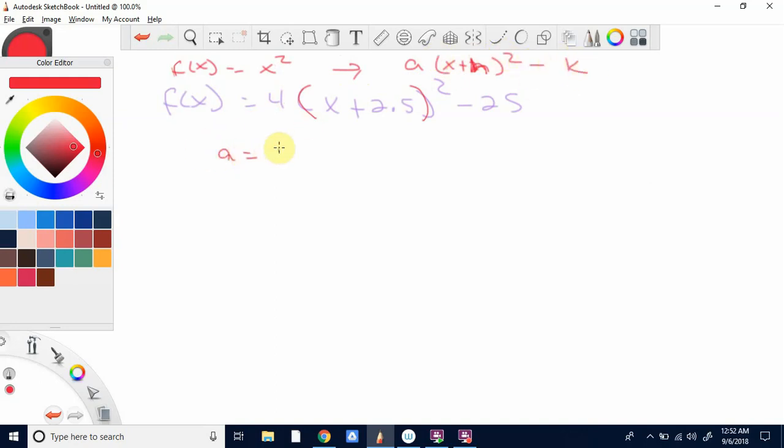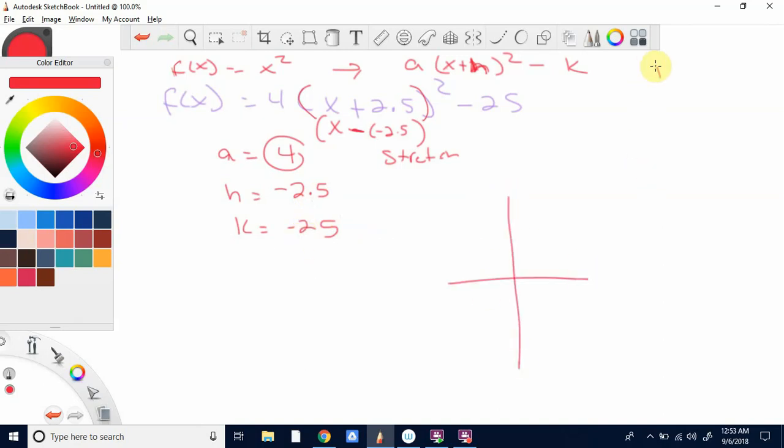So what is a? A is 4. Remember, this should be x minus negative 2.5. That's another way of writing this, because the equation is x minus h. So h is negative 2.5 and k is negative 25. So A tells us we have a vertical stretch of 4. H tells us we slid to the left by 2.5 units. And k tells us we shifted down 25 units.